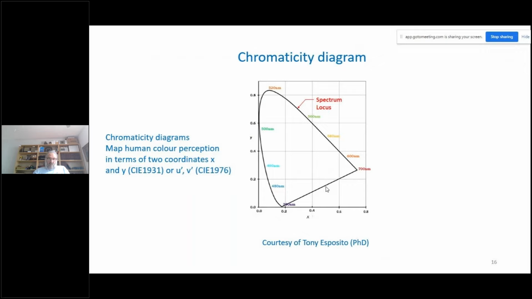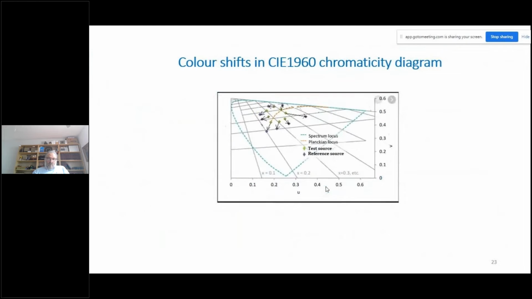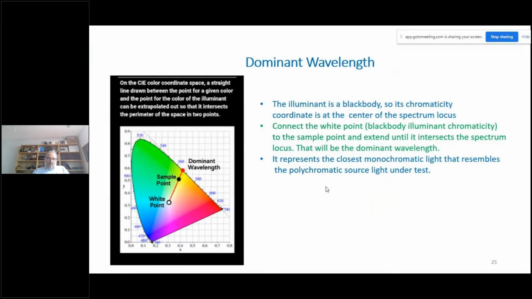Yes, the spectrum locus is the boundary. So when you hit that boundary, then you have reached a particular wavelength, which we call the dominant wavelength. So it represents the closest monochromatic light that resembles the polychromatic source of light, which is under test. So if you're here around 560, 570, then you know this is your closest monochromatic light that resembles your polychromatic light.